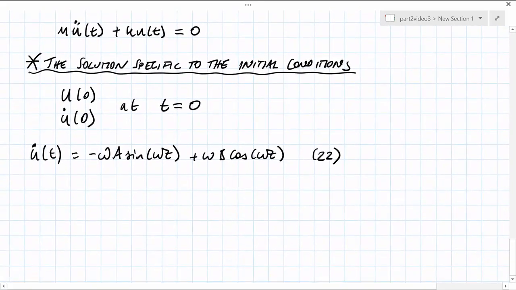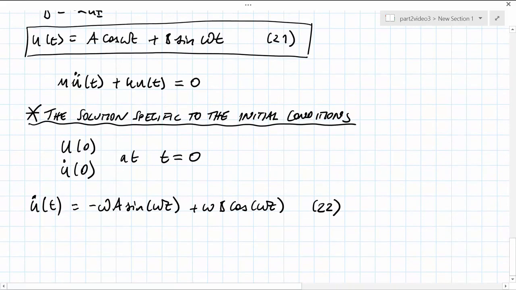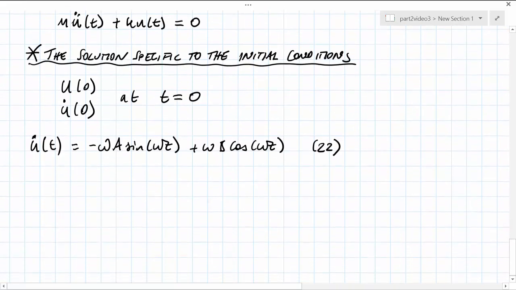Then all we have to do is to evaluate equations 21 and 22 at time t equals 0.